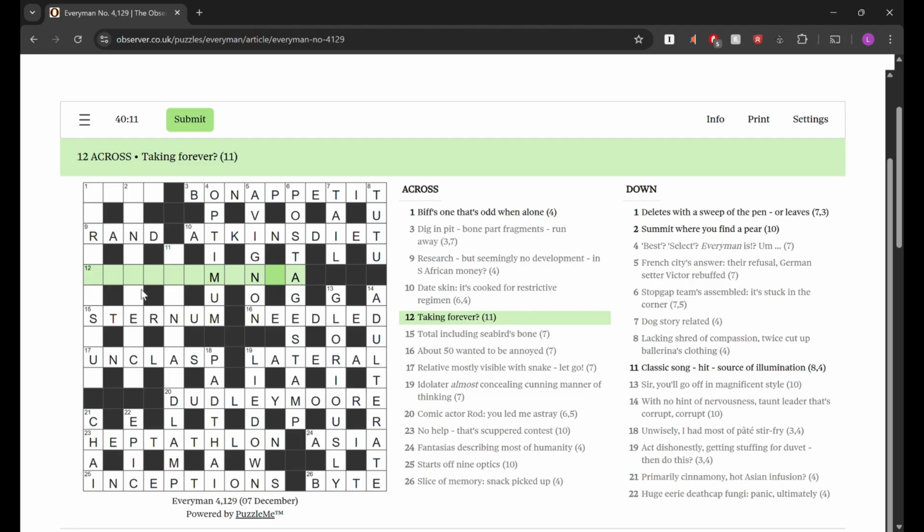Right, taking forever. That's what this puzzle's doing. It's taking forever, but we're getting there. Something mania or no, not seeing that one.